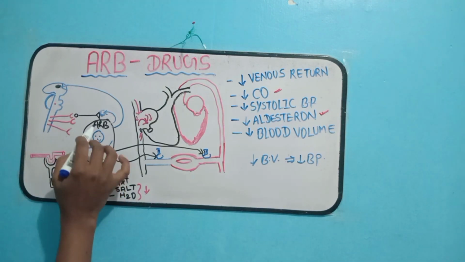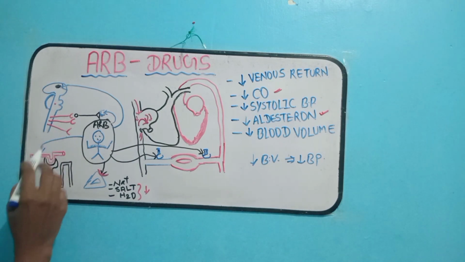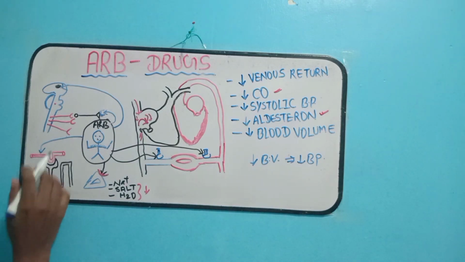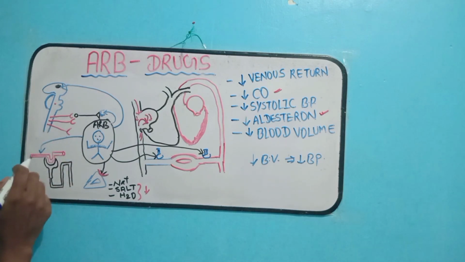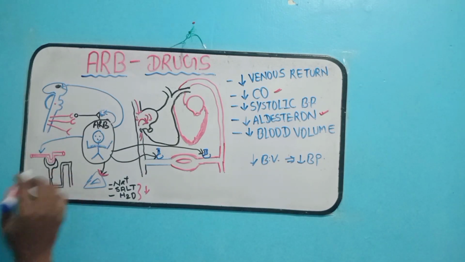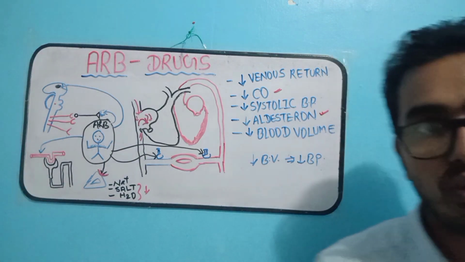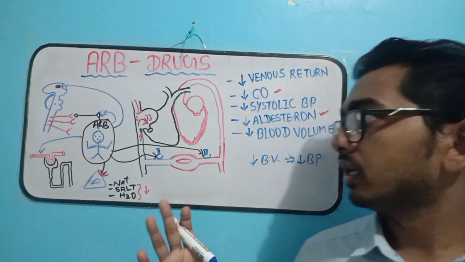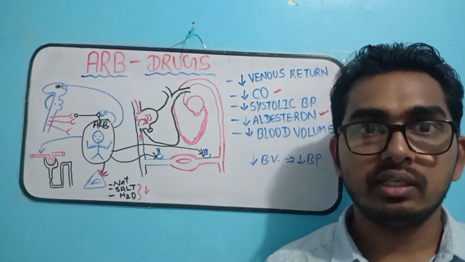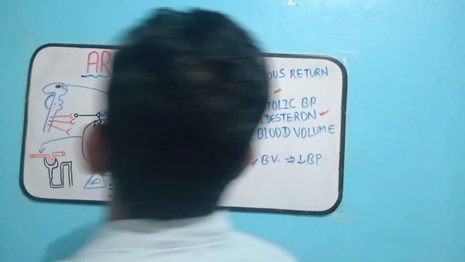So the ARB also acts on the efferent arteriole at the angiotensin 2 receptor, and that leads to dilation of the efferent arteriole, and that also reduces glomerular hypertension in the kidney. So that also leads to a decrease in the blood pressure. As a whole, the function of the ARB and the ACE inhibitors are the same.